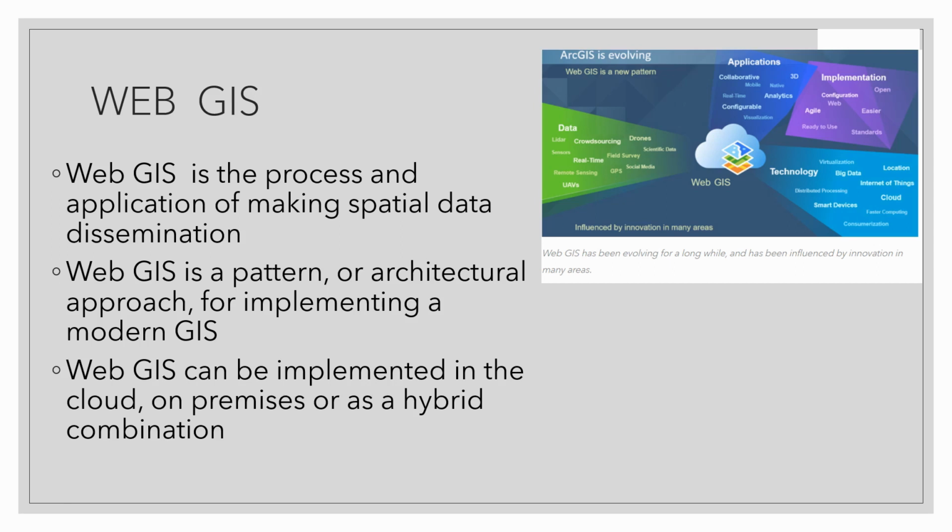Web GIS isn't new. In fact, it's been evolving for a long while, but we have actually passed a tipping point where innovation in GIS and related technologies has made web GIS not only possible but essential. Web GIS brings GIS into the hands of the people. It reduces the need to create custom applications.